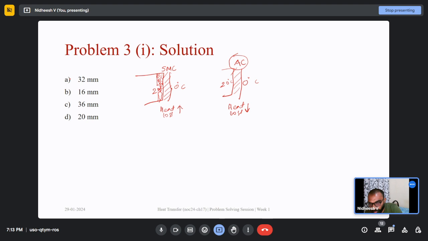Yes, sir. In such cases, this is like a composite wall case, right? We can make use of the resistance concept that we used. Do you remember that? Yes, sir. Say this is 20 degrees Celsius here, and this is 0 degrees Celsius here. The resistance to heat flow offered by this aerated concrete, we can model by an equivalent thermal resistance, right?